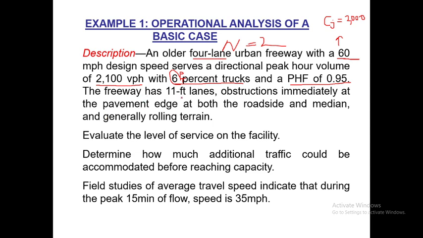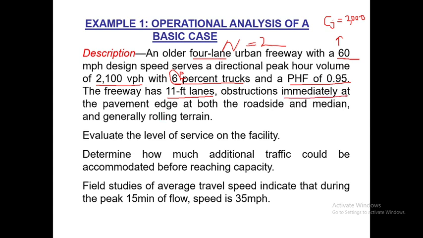The freeway has 11 feet lane width, so you know that it is less than the ideal one. The ideal one was 12, so you need to find out the FW from the table. And immediately at the pavement edge, both roadsides and median. So here they give you two important pieces of information.